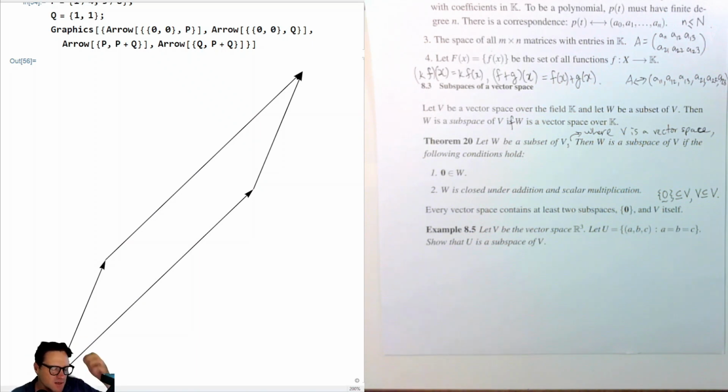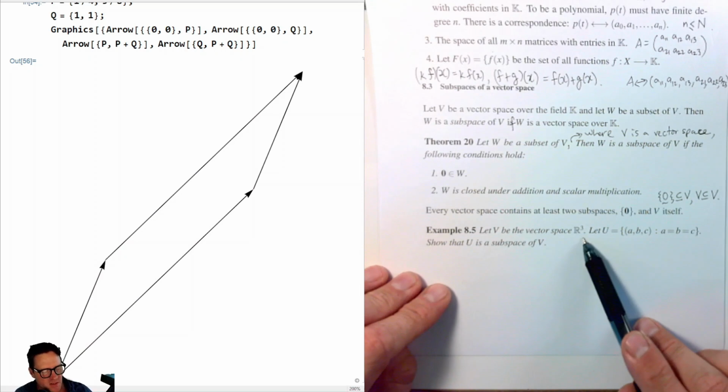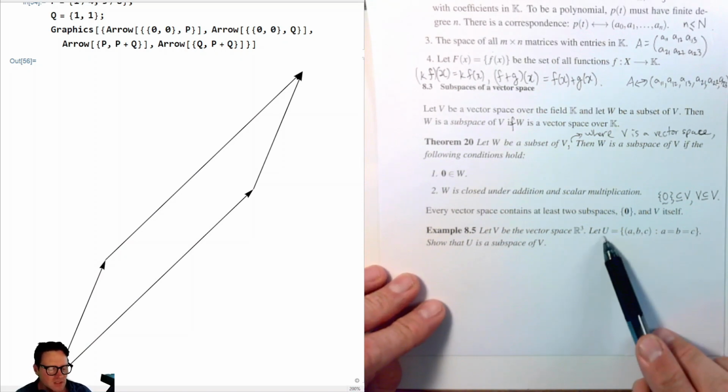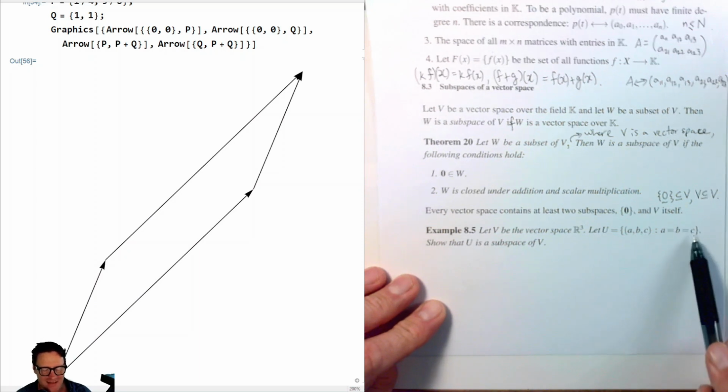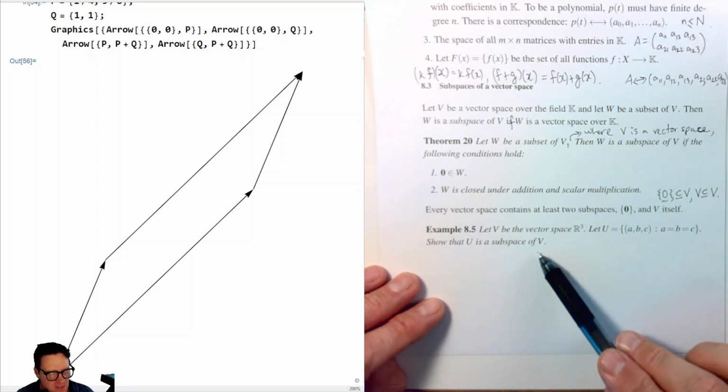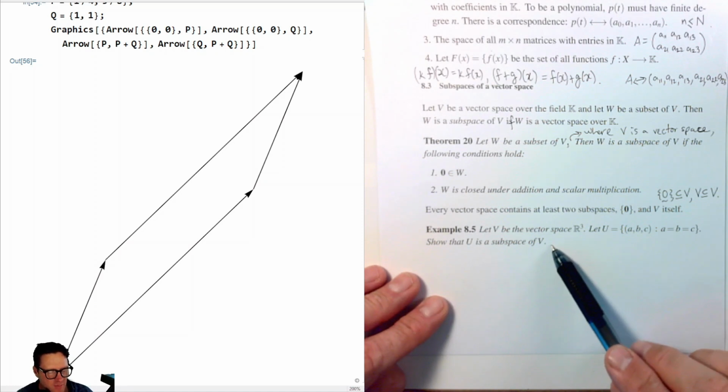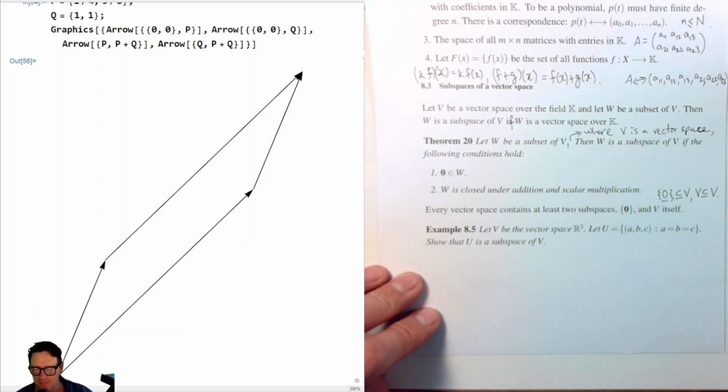Example 8.5. Let V be the vector space R3. Let U be equal to the set of all vectors (a, b, c), where a, b, and c are equal. Show that U is a subspace of V, and we're going to use Theorem 20 to do that.